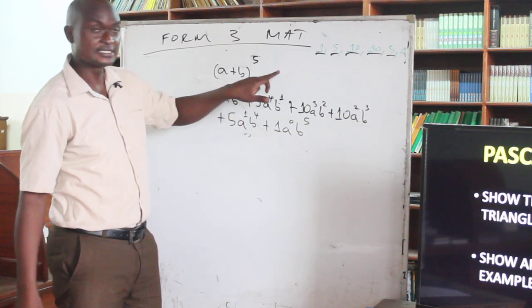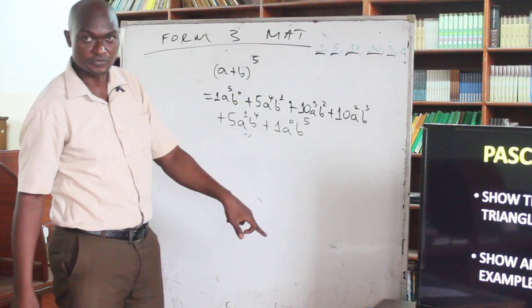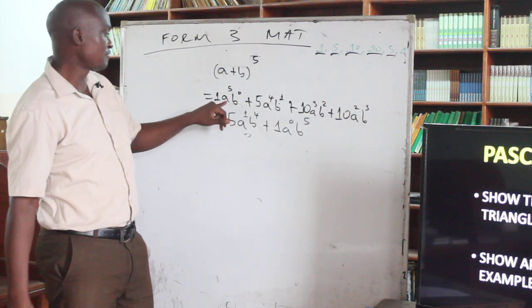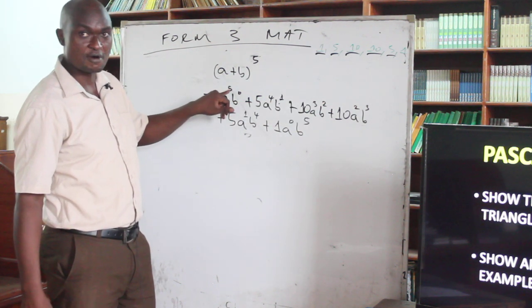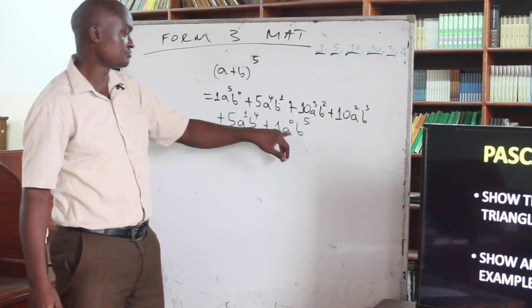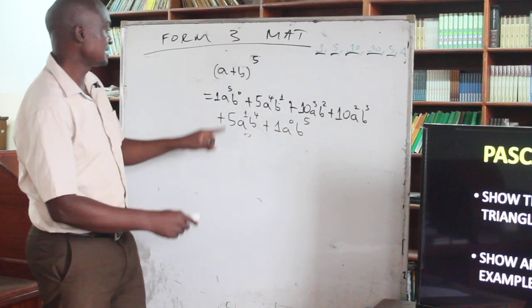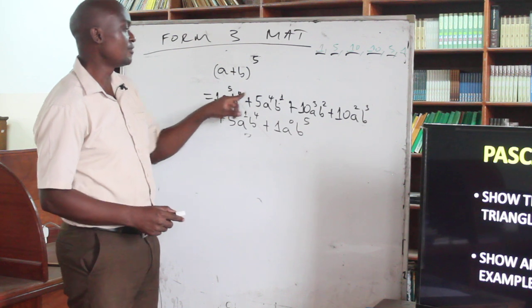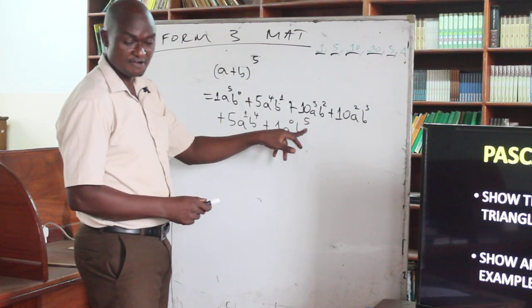It is increasing, plateaus, then goes down. The power for a goes from a maximum of power 5 all the way to power 0. And for b from power 0 all the way to power 5.